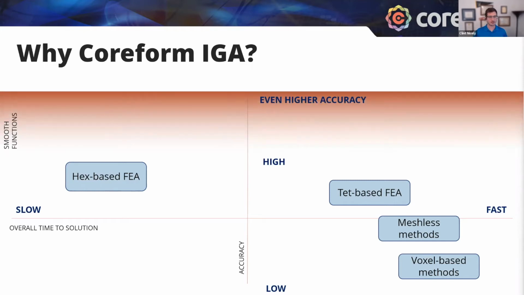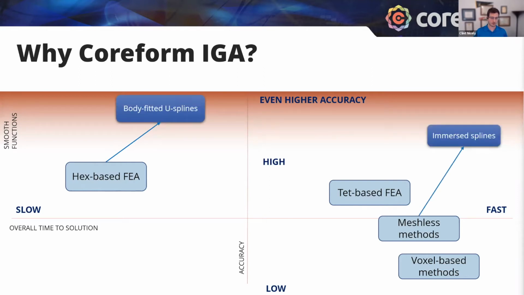With Coreform IGA, we are introducing a new realm of accuracy through the introduction of these smooth spline functions. On both sides, we can do body-fit splines, which coincides more with hex-based FEA, where the mesh is on the CAD geometry.